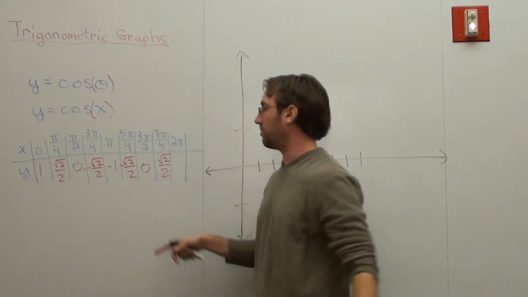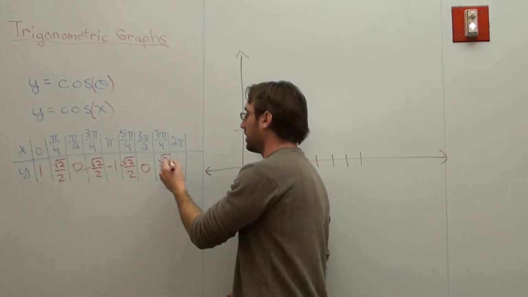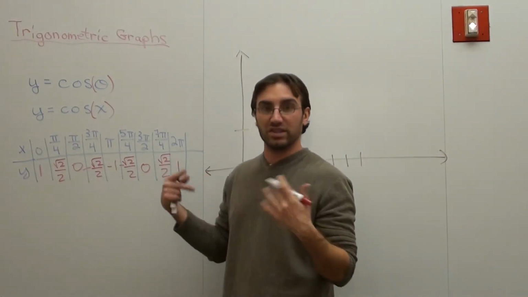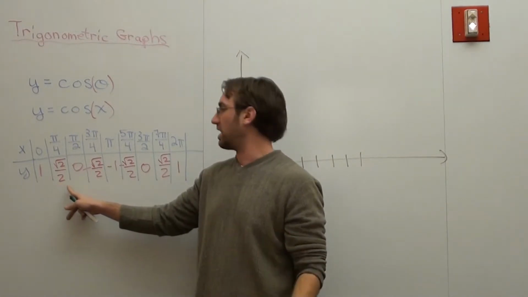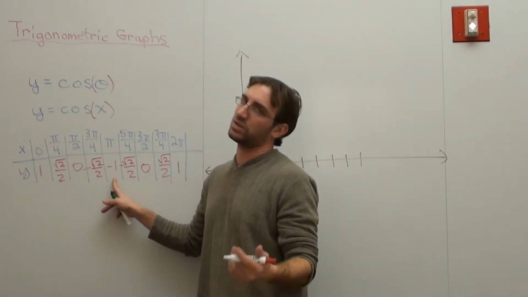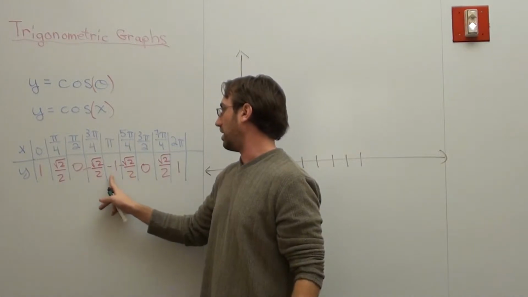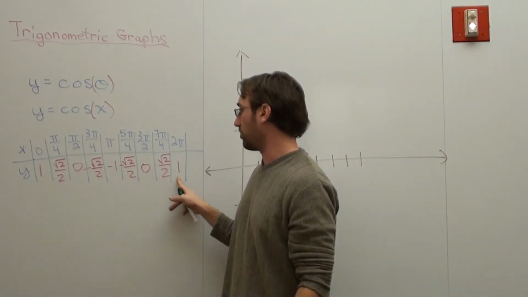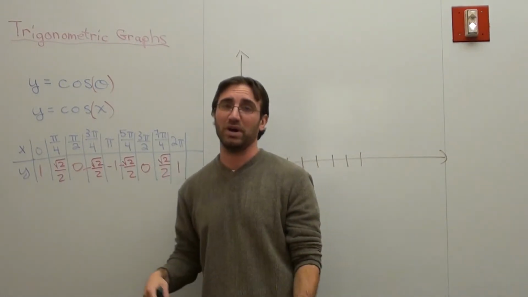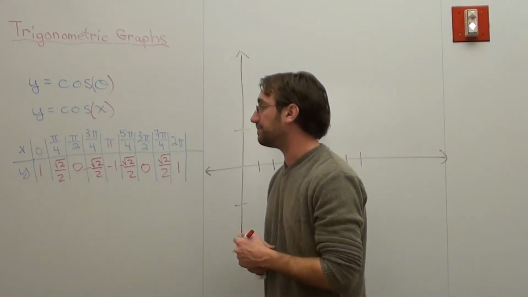Cosine of 2 pi, going back to the beginning, is 1. So if you want to figure out what's positive and negative, this is another way to do it. You're going down, and root 2 over 2 is about 0.7. Going from 0 to negative 1 means we're going to hit a negative number in there. Then we're going up, but we're still in the negative range. And we're going from 0 to 1, so the middle of it has to be positive. So that's a way of looking at it.